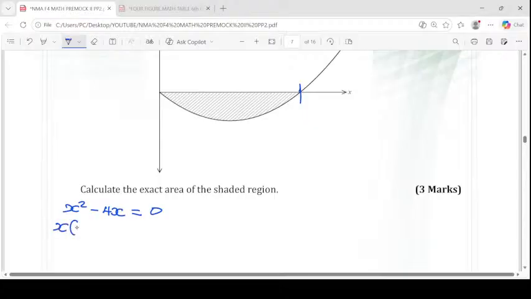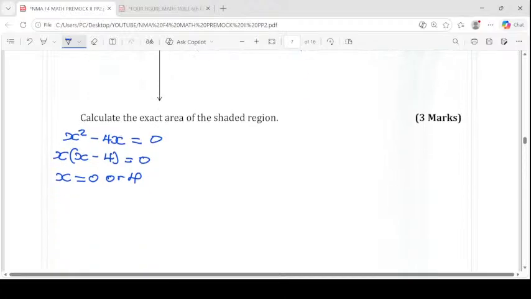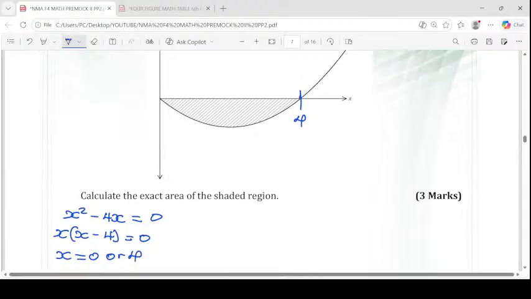I'll be left with x minus 4 is equal to 0. This means my x is equal to 0 or 4. So the coordinate here is 4.